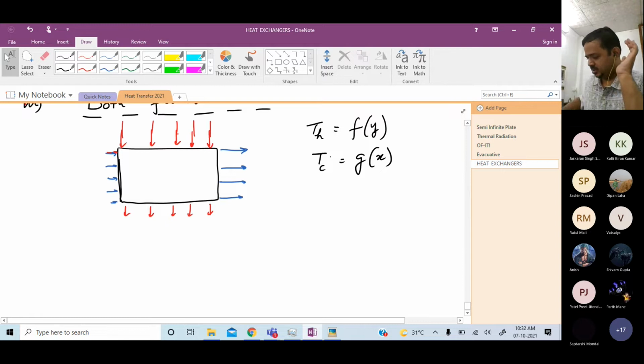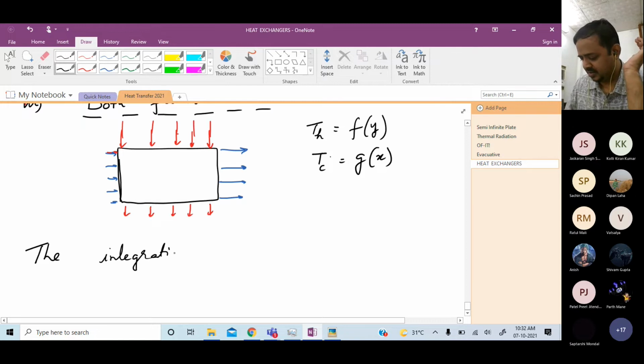Now, this is the good news. This integration for all these cases, and not just these, even for shell and tube, 1 pass, 4 pass, etc., have all been done.